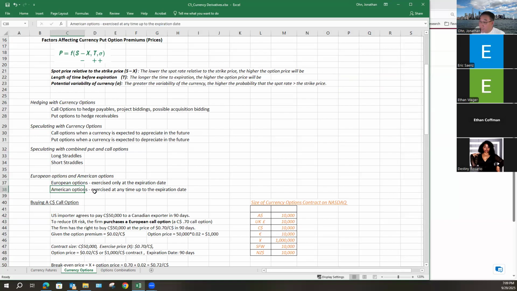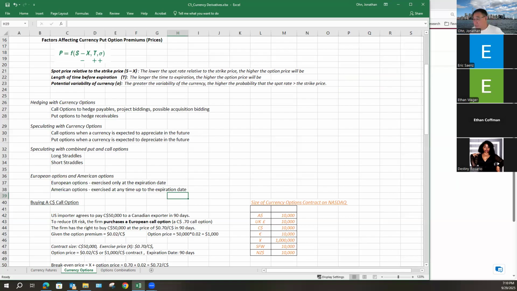An American option can be exercised at any time up to the expiration date, right? So this is more flexible, but for analysis purposes, the European option is much more convenient and simple, while the American option is more flexible. See?